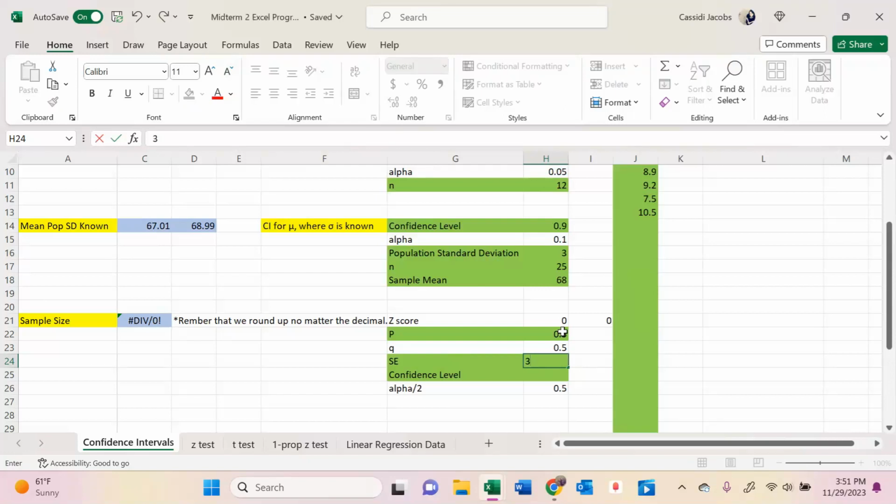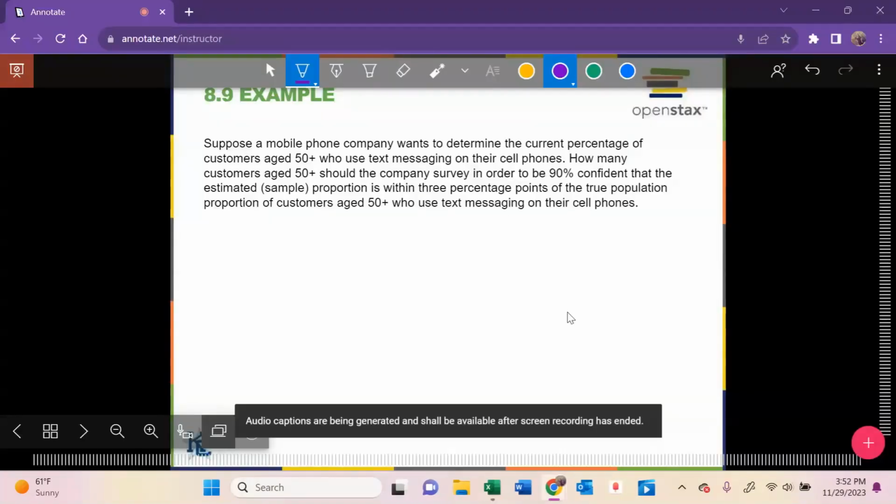We want to be within 3 percentage points. And the confidence level we were asked for was 0.9. Oh, that should be 0.03 because we want percentage points. Okay, there we go. And so we would need to sample 752 people to guarantee that we have a confidence interval that is within 3 percentage points.